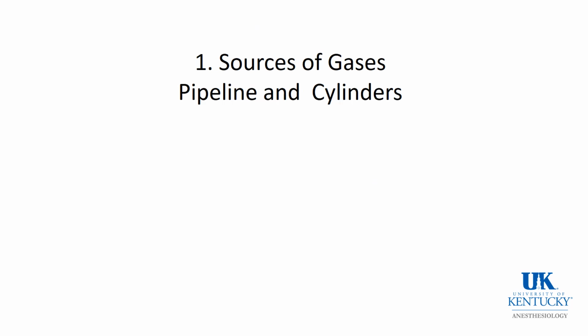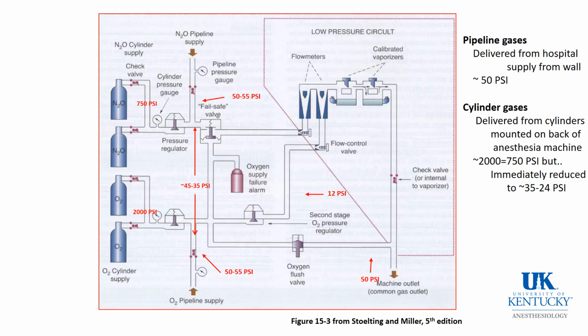The first is the source of gases, and as you know, we have sources on our machine. We have pipelines, and in this simplified diagram, we have only two types of gases, nitrous and oxygen. Now, obviously, if we have helium or CO2, there would be other tubes involved.